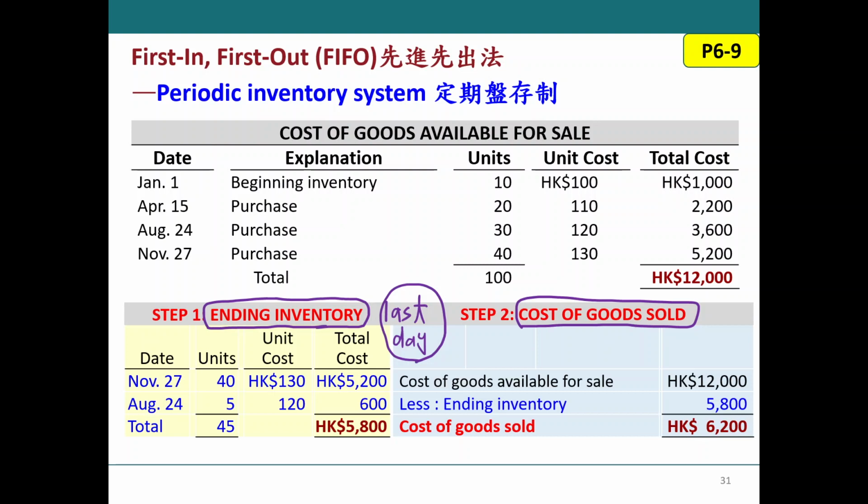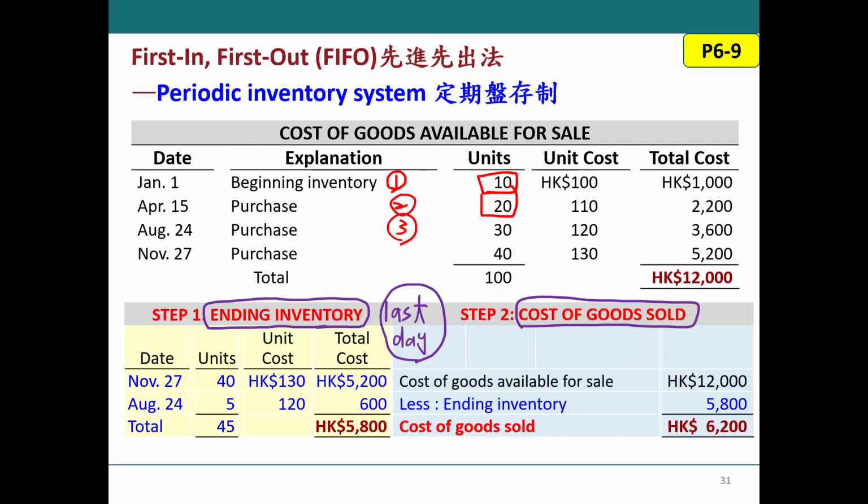So first in, first out told you, you sold 55 units from where? Start from first purchase. First purchase 10 units is enough? No, you totally sold 55 units, right? So you should go to second purchase, 20. Is enough? No. So you should go to the third purchase. But third purchase totally 30 units. You sold all of them?